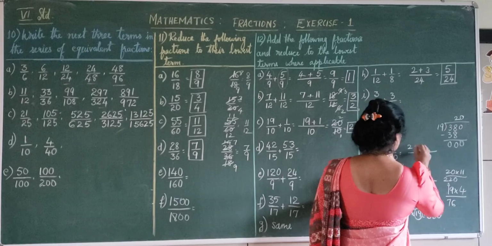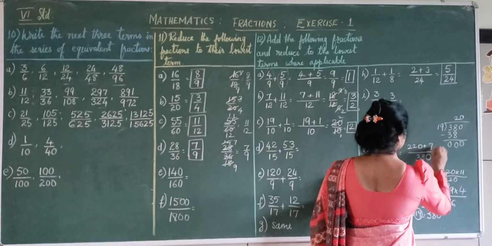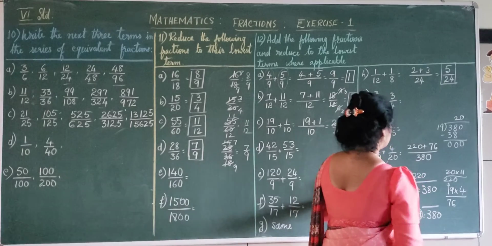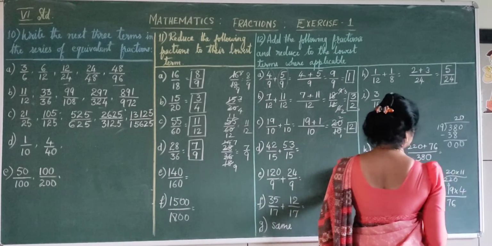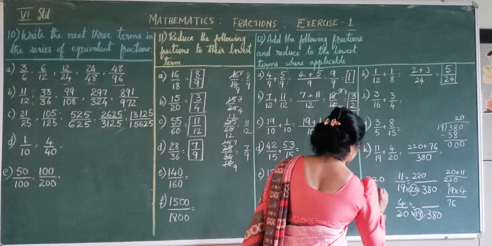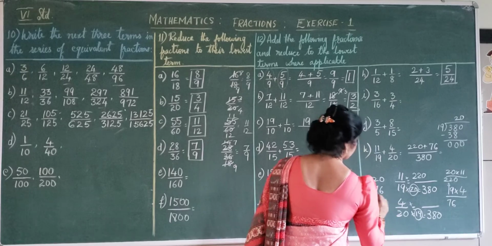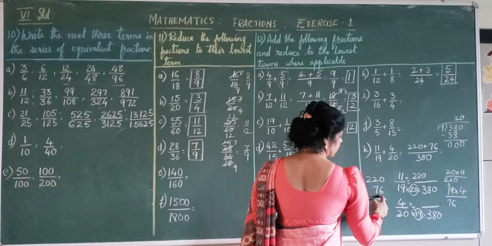See here. 220 plus 76. Now when you add this 220 plus 76, how much does it come? 76 you have to write from, always you have to start from ones place only.